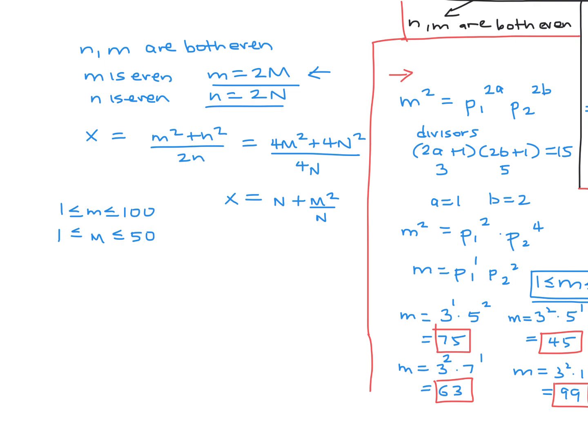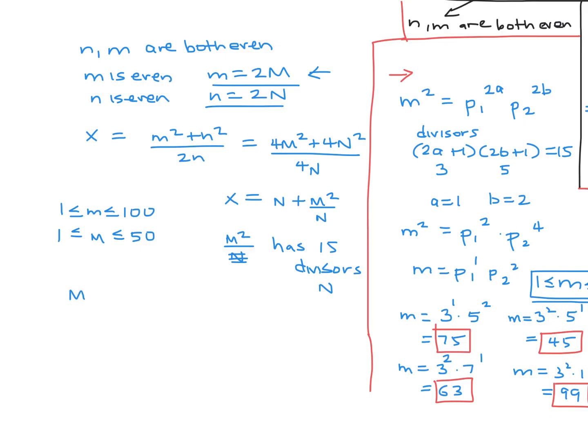And very similarly, now we have the situation where M squared over N has 15 divisors, meaning M squared has 15 divisors. So I guess that's what I meant to say. Very similar as before.